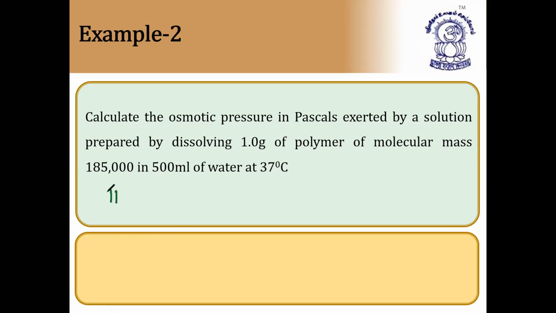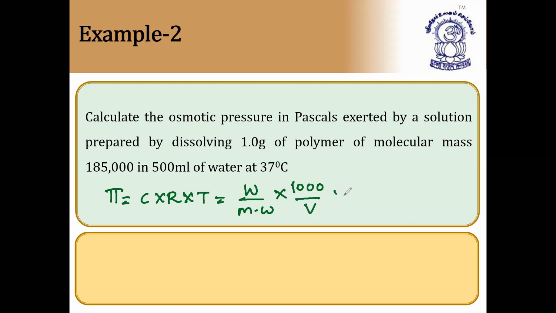So pi is equal to C into R into T, which is also equal to W by M into 1000 by V into R into T. So R value is 2, we already know. Temperature is given as 37 degrees C, change that into kelvins.